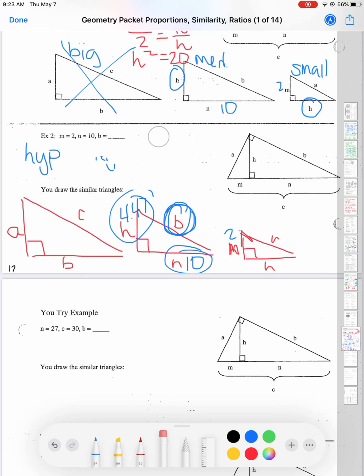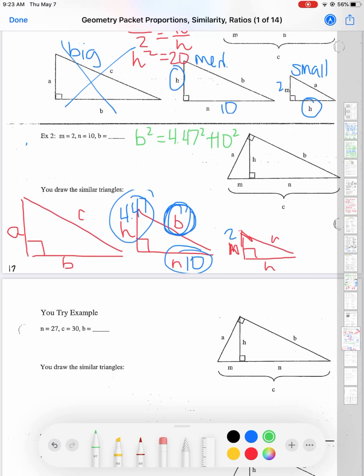So, let me just erase some stuff. I'm going to take B squared equals 4.47 squared plus 10 squared.